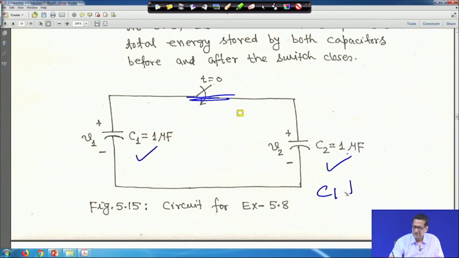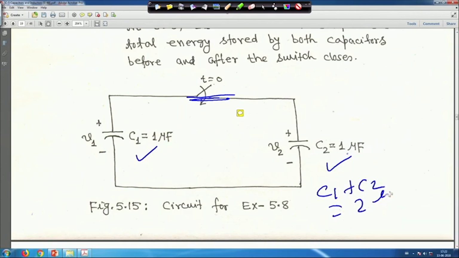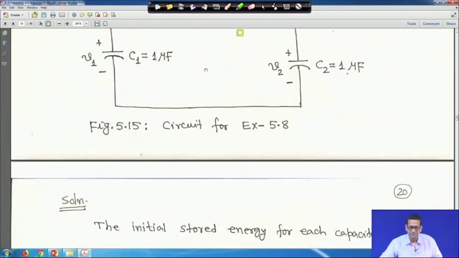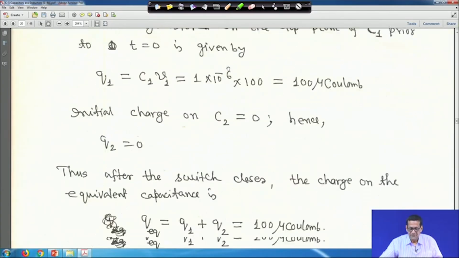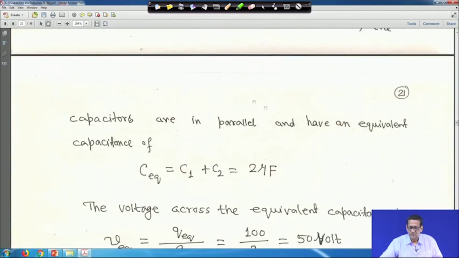That means it will be C1 plus C2, that is, it will become 2 microfarad, because both are in parallel when the switch is closed, right. So these capacitors are in parallel and we have an equivalent capacitance of 2 microfarad.